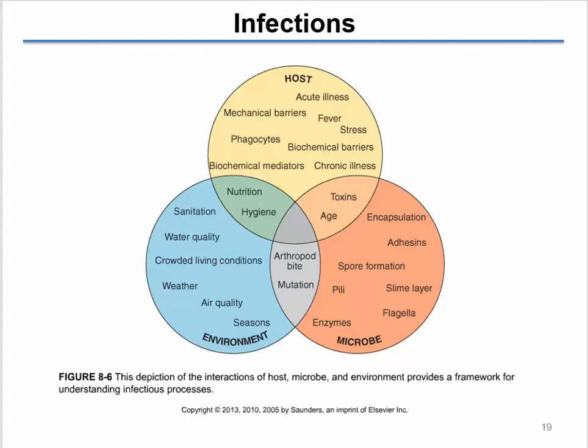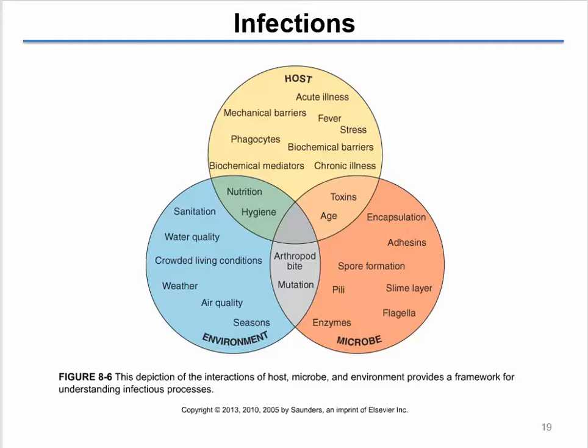Poor nutrition, poor hygiene, a buildup of toxins, age are all host related things. But there's an overlap here. Nutrition and hygiene go with sanitation, water quality, living conditions, weather, seasons, air quality. A lot of those environmental aspects will predispose to infection.